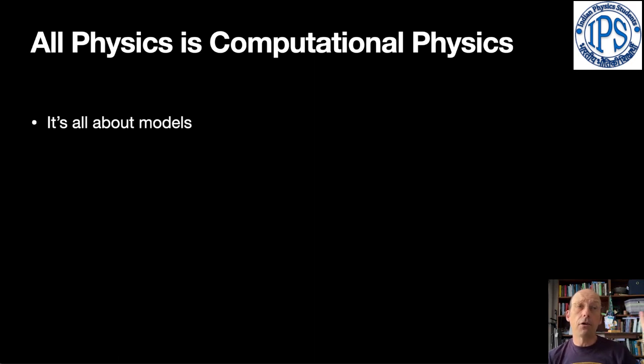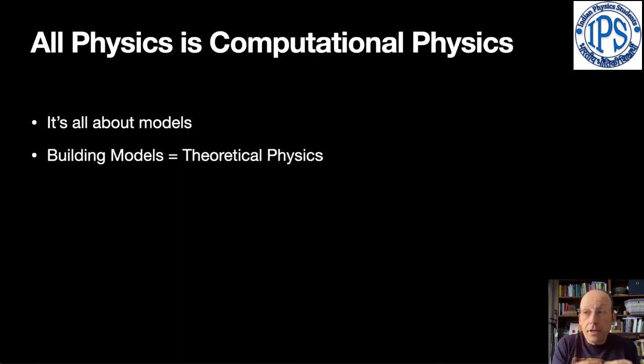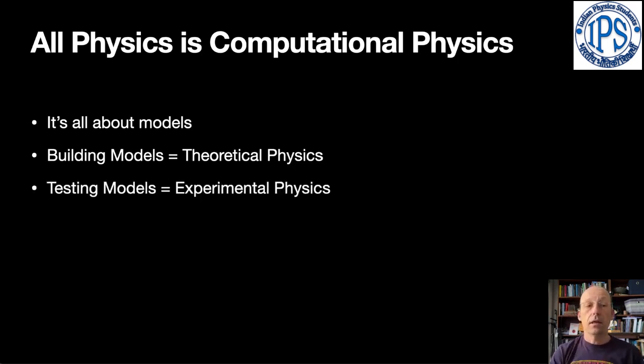I can model a mass on a spring with a cosine function. I could also model a mass on a spring with a numerical calculation in Python. Okay, so the building of the models is theoretical physics, whether it's in Python or on paper or whatever. That's a model. Building a model is theoretical physics.